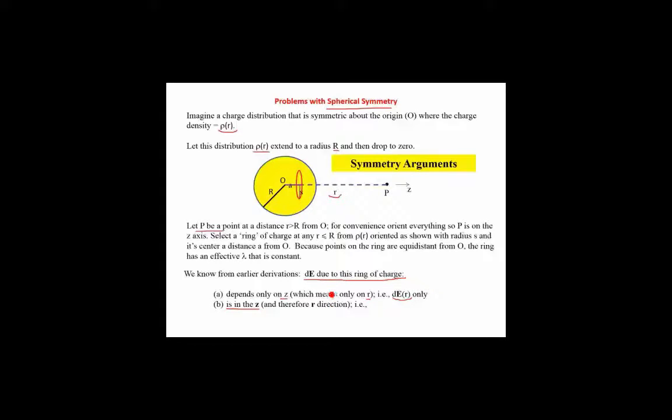So we can come to the conclusion that the dE, due to this ring of charge, is equal to the magnitude of dE, which is a function of r, and points in the r hat direction. So what we're talking about here is a dE that is due to this particular ring of charge. This is just to repeat what I've said so far.